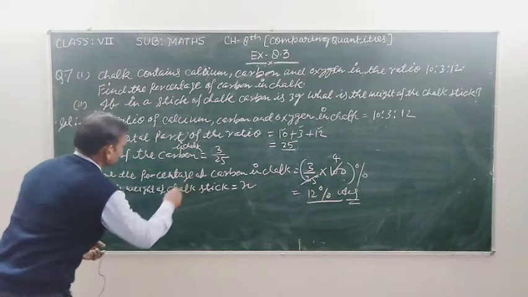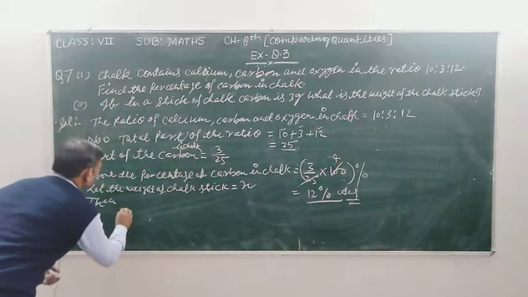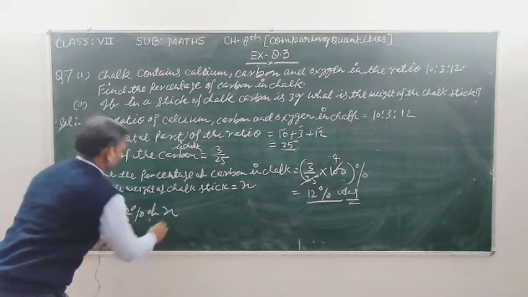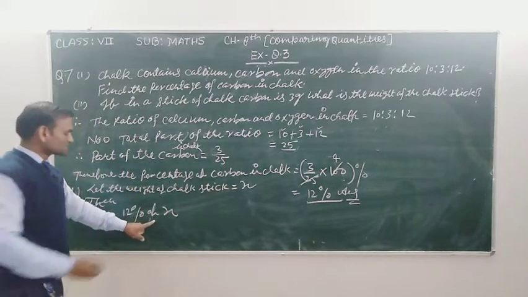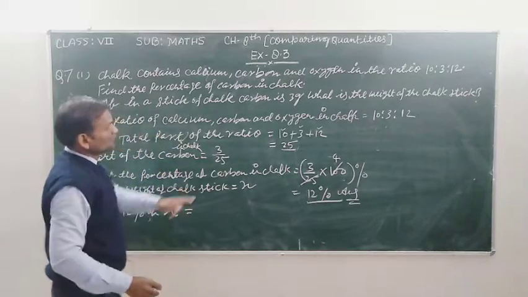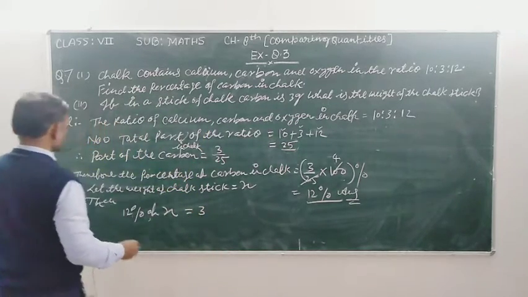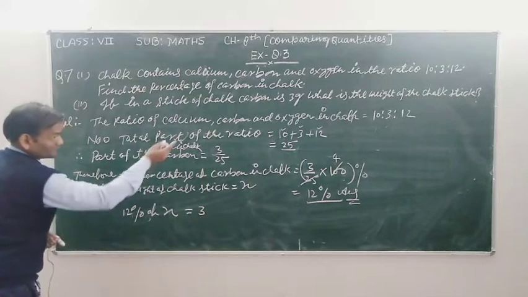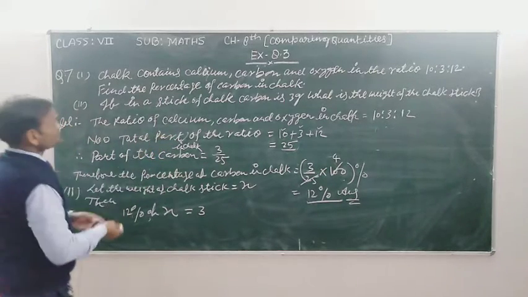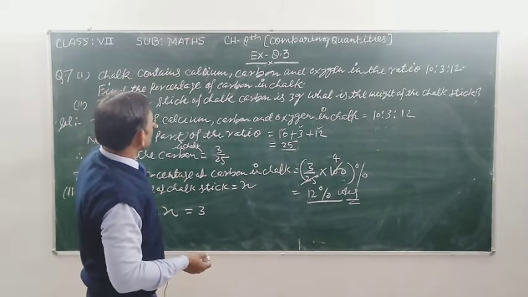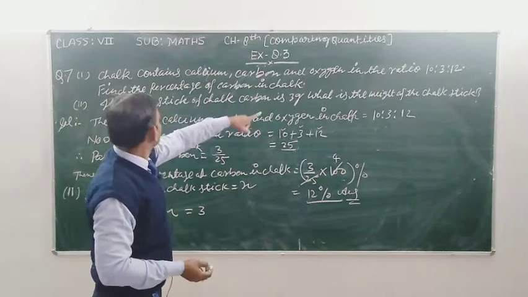So then student, you can write like this: 12% of x is equal to 3 gram. Why? Because it is given, student, in stick chalk carbon is 3 gram.